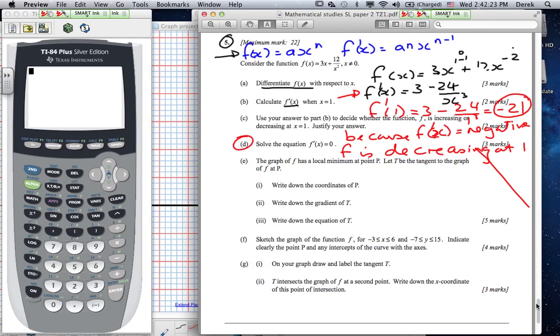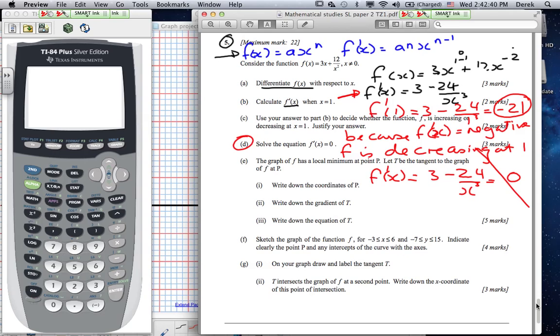Then for D, it says solve the equation f prime of x is equal to 0. So we take this one, f prime of x is equal to 3 minus 24 over x cubed, and that's equal to 0.